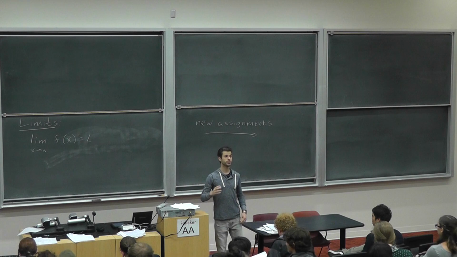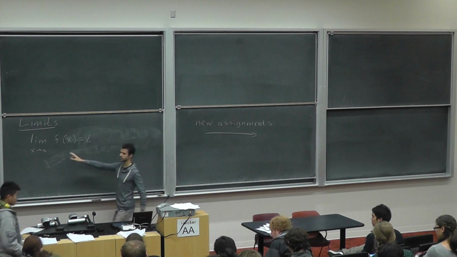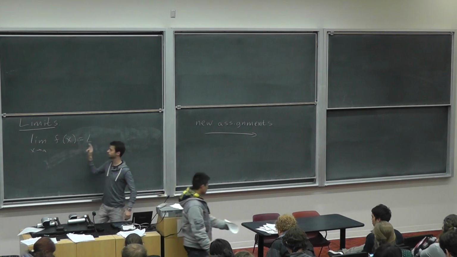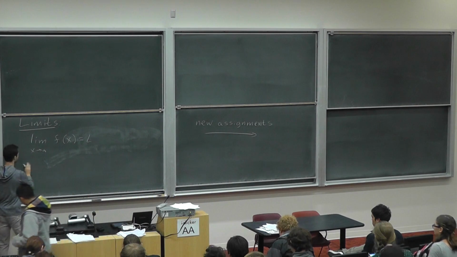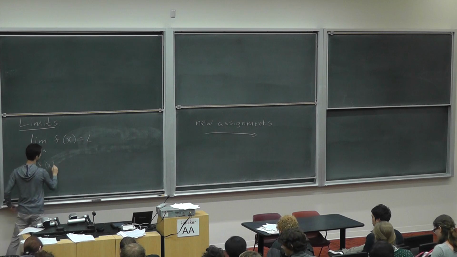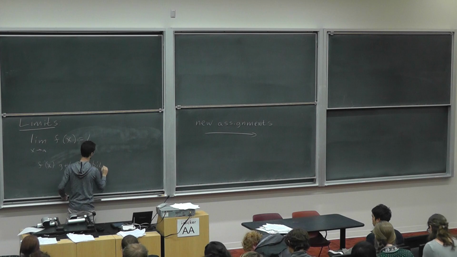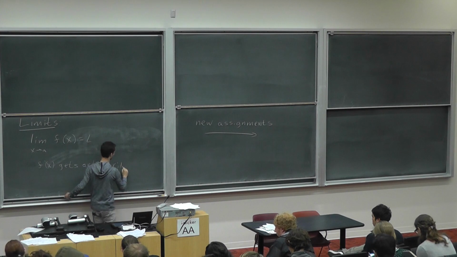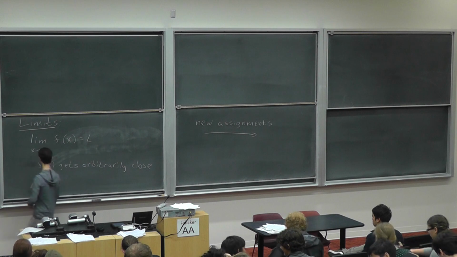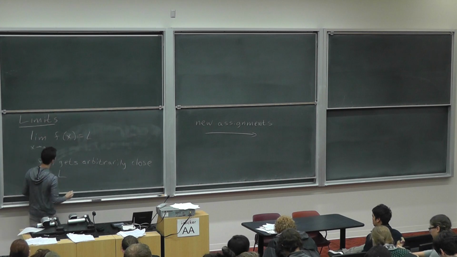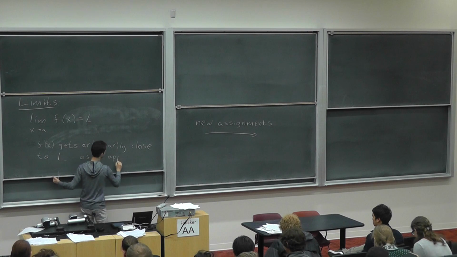We talked about the meaning of this phrase, the limit of the function as the argument goes to a being equal to some number L. And the meaning was: f of x gets arbitrarily close to L as x approaches a.